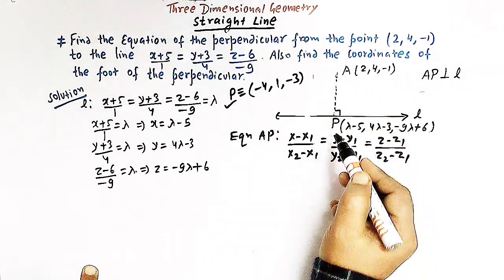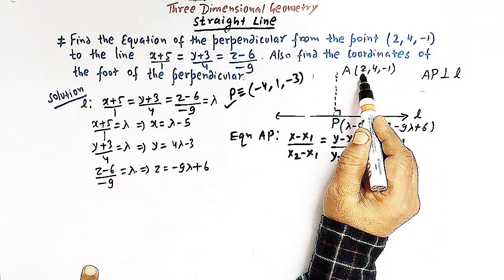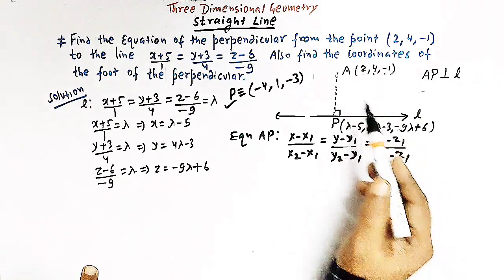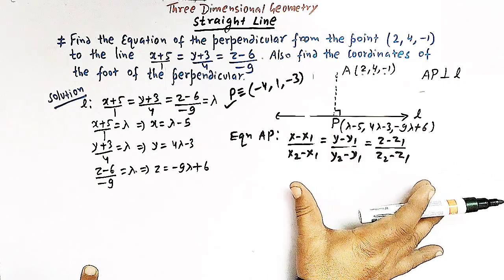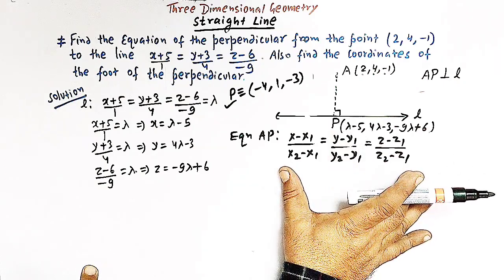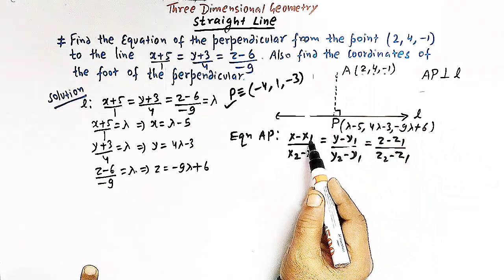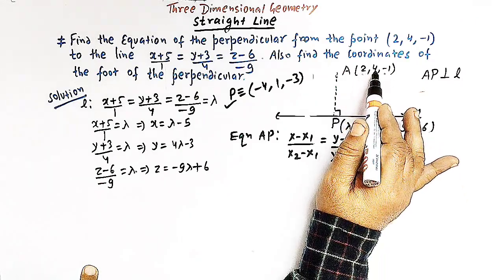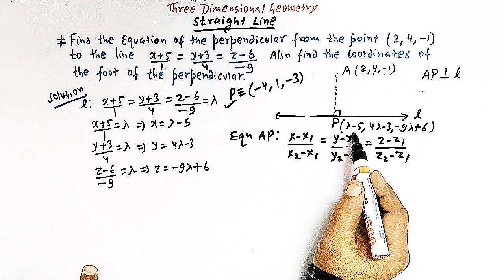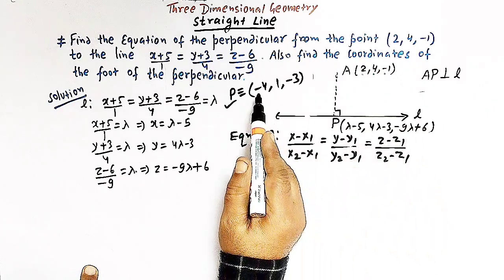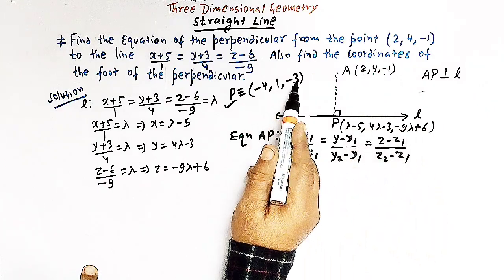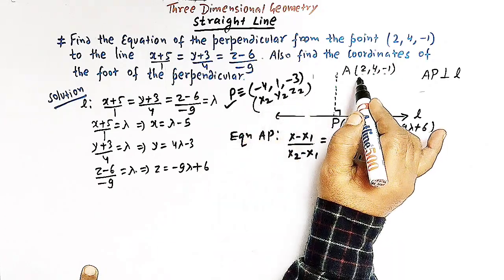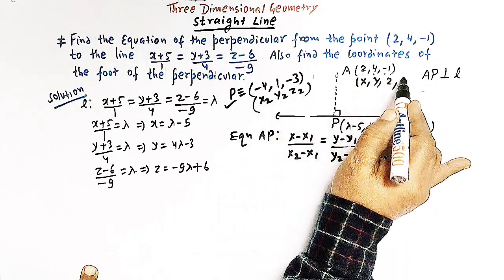So when we have 2 points, say x1, y1, z1 and x2, y2, z2, then the equation of AP is given by this equation, right? So here we can take x1, y1, z1 as 2, 4, minus 1, and x2, y2, z2 as minus 4, 1, minus 3. So this is x2, y2, z2, and this is x1, y1 and z1.